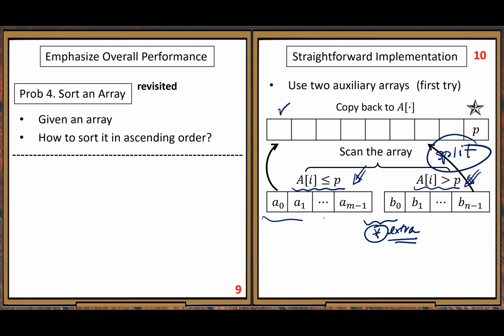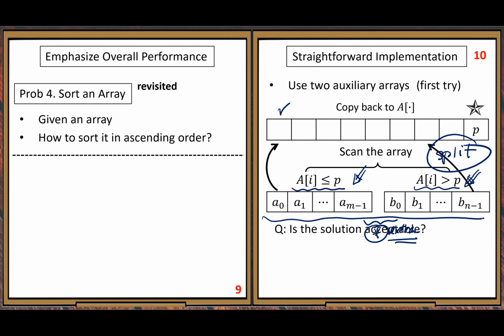But because you use the extra space, that will impact the final performance and make it slower. If you use more space, sooner or later, you will make your algorithm implementation slower. That's not good, so we should avoid it.